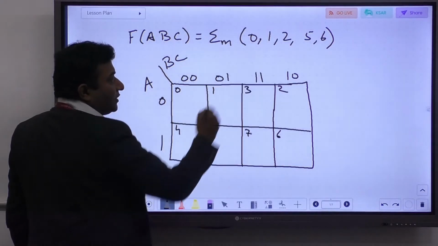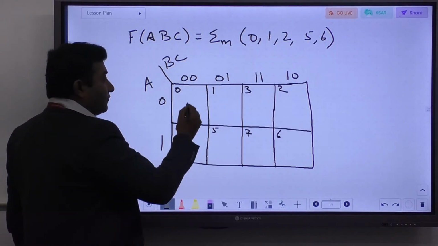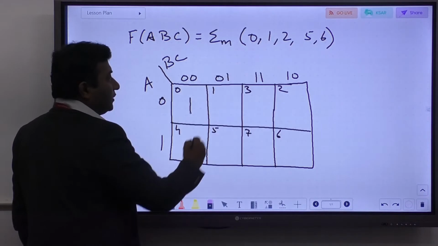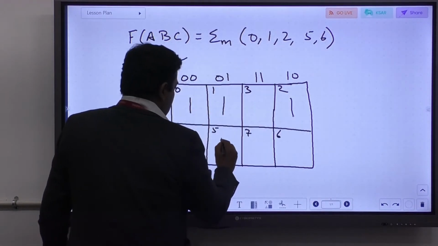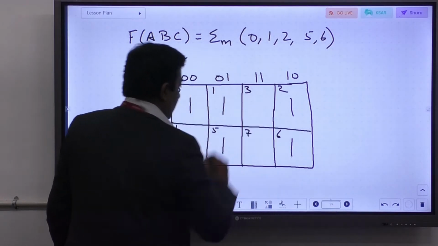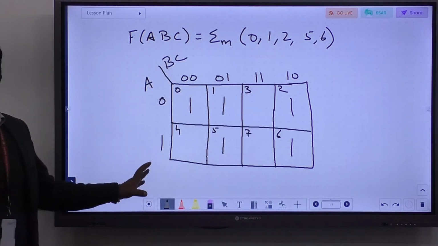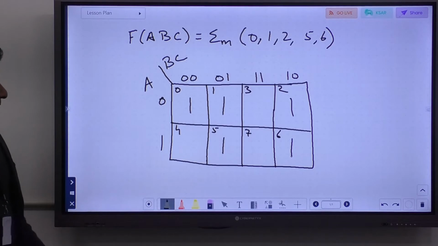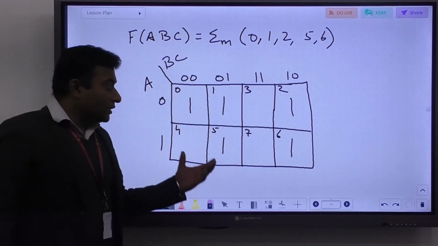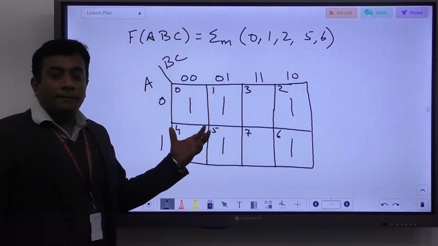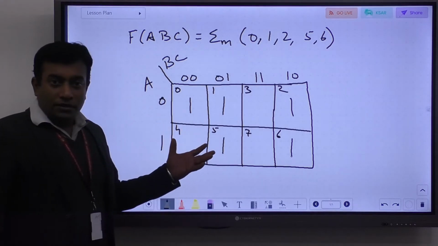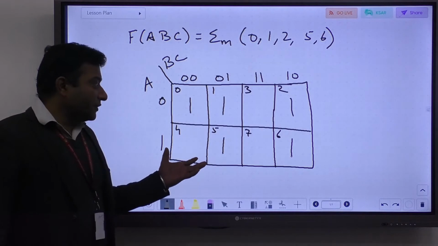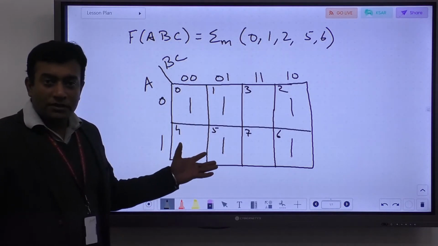Now we have to place these minterms over here. So for minterms we have to place 1, for 1, 1, 1 and 1. This is what we got. What we need to do now is make some pairs or quads or an octet, and in case it is not possible, we have to go for a singlet.